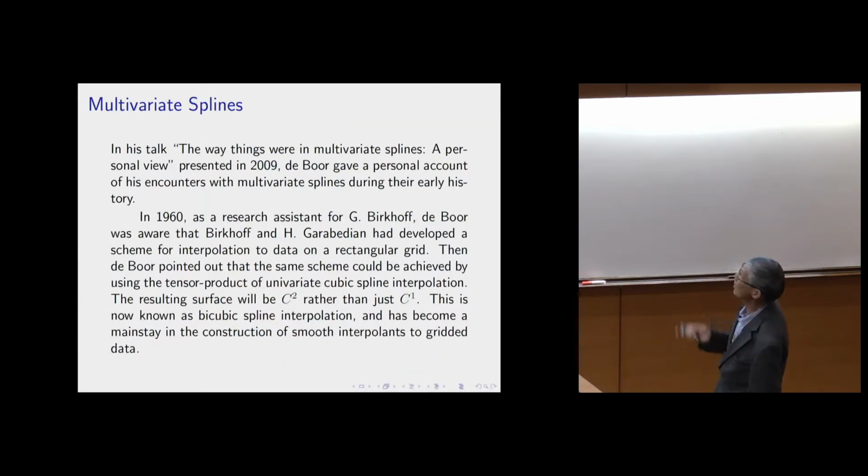Next, let's discuss multivariate splines. For multivariate splines, I basically followed de Boor's talk, "The Way Things Were in Multivariate Splines: A Personal View," presented in 2009 at the conference for Wolfgang Dahmen's 60th birthday.